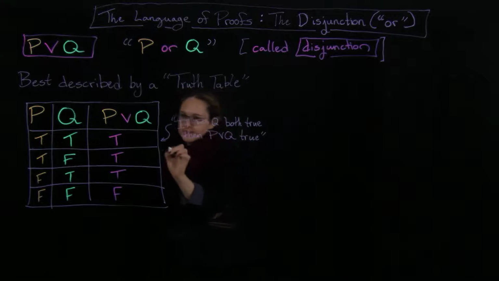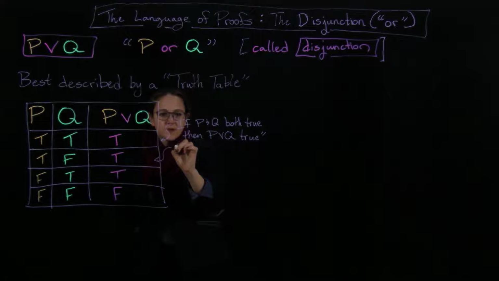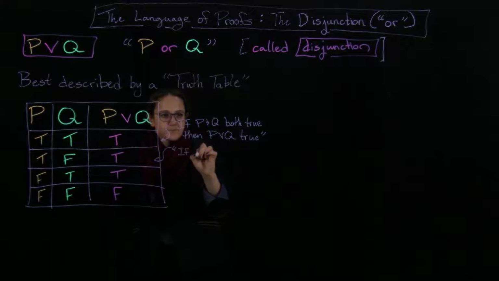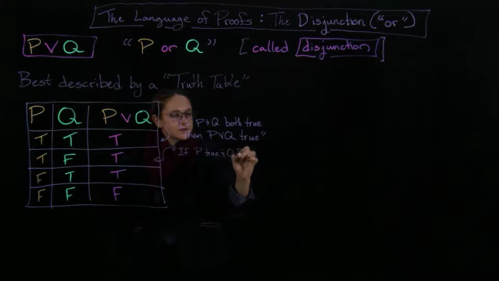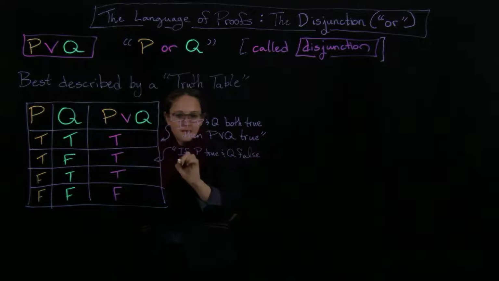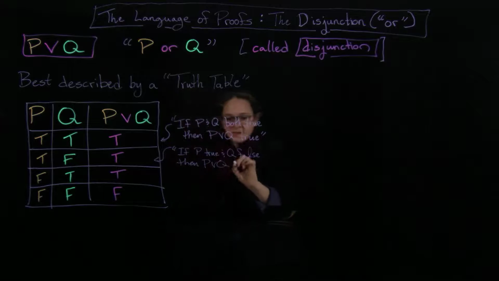This line tells me that if P is true and Q is false, then their disjunction, the or statement, is going to be true.